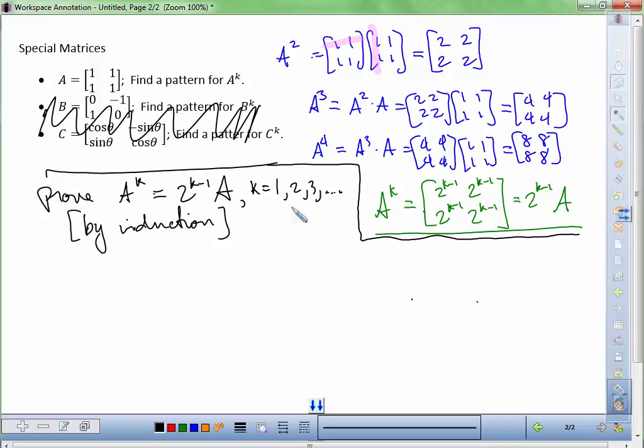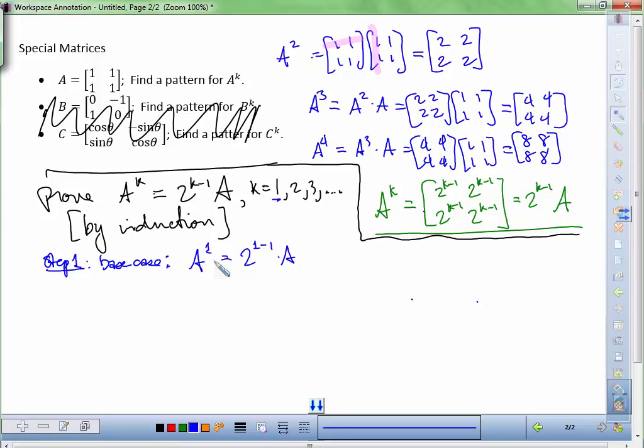So proof by induction has 3 steps. The first step is the base case, and the base case is going to be the first one. So A to the first power is equal to 2 to the 1 minus 1 times A. And this is true, obviously.